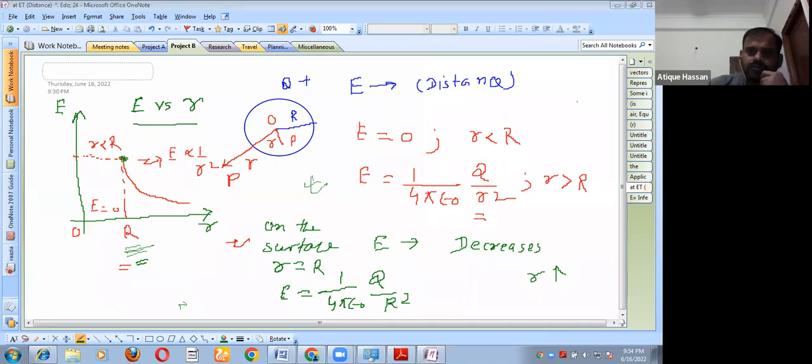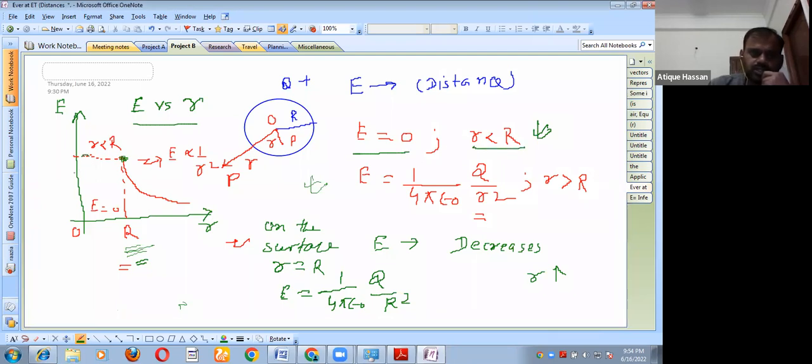To draw the graph, we have used the same expression: electric field equal to 0 for r less than R. So in this region there is no graph, since the electric field is 0. I have drawn a line, but actually there is no graph in this region.